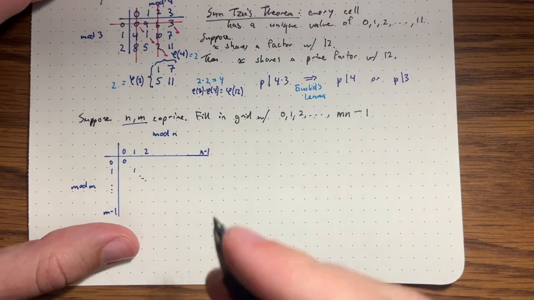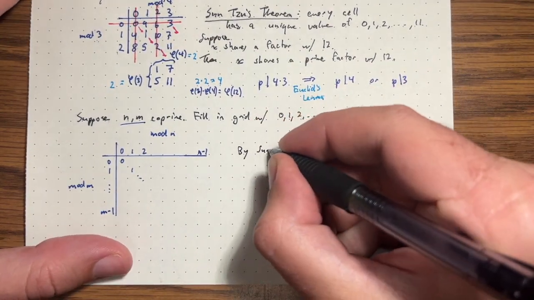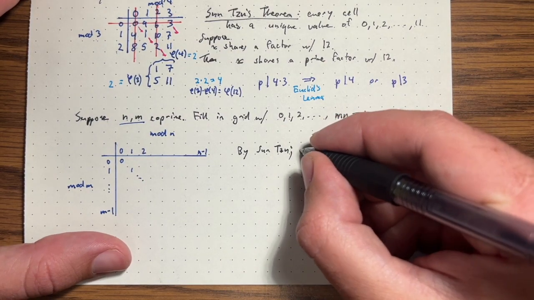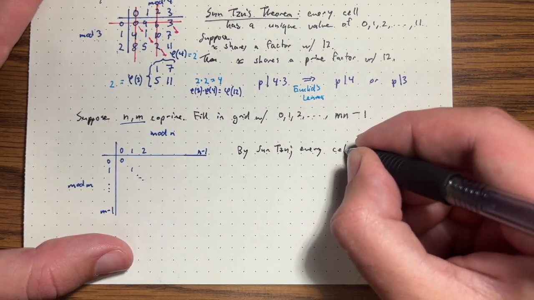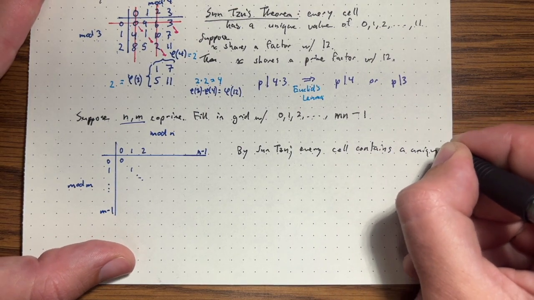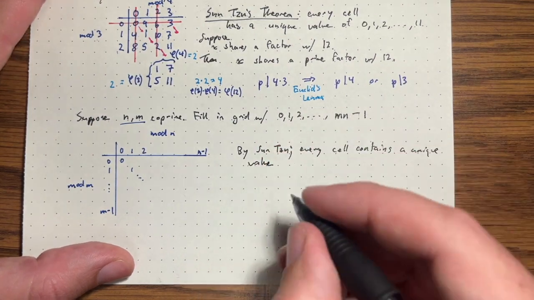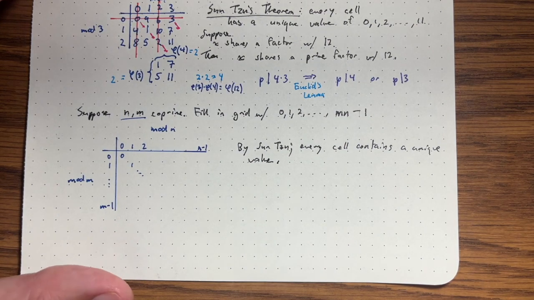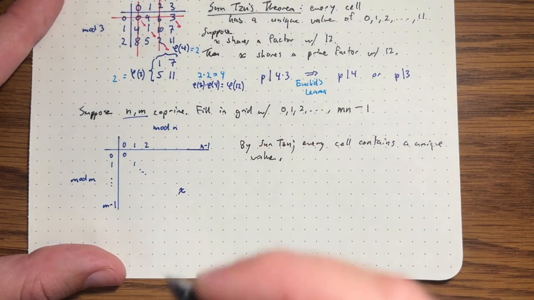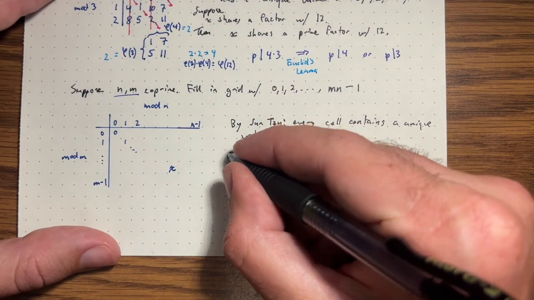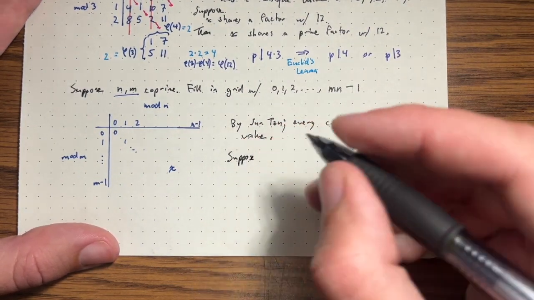So by Sun Tzu's theorem, every cell in the grid contains a unique value, one of these values.